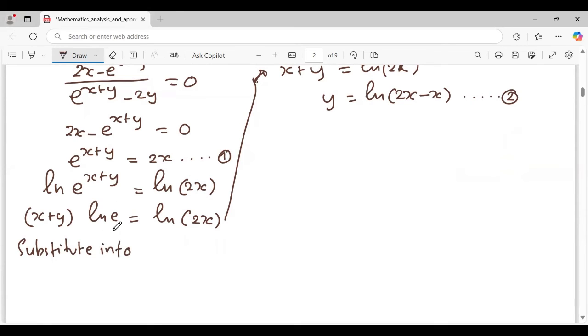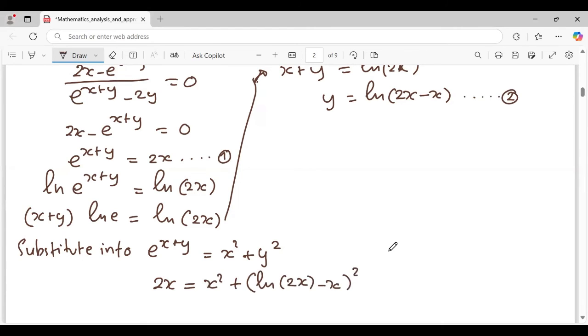Substitute into e^(x+y) equals x squared plus y squared. So e^(x+y) is this one, 2x, and y is this one: 2x equals x squared plus (ln 2x minus x) squared.